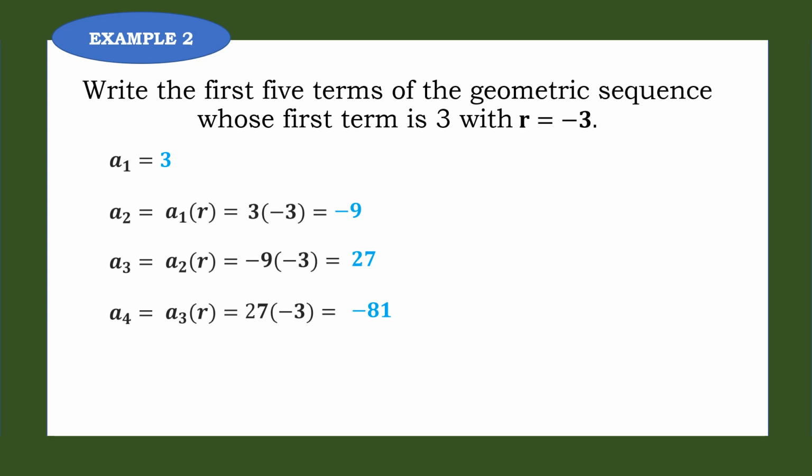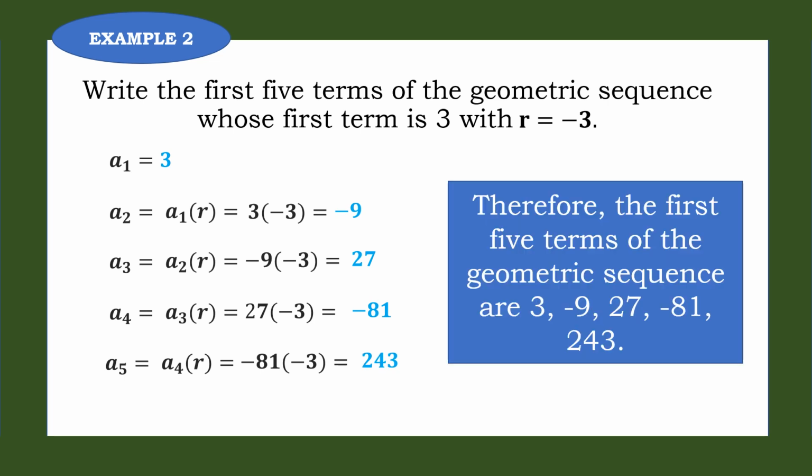To get the fifth term, we multiply the fourth term and the common ratio, and that gives us negative 81 times negative 3, which is equal to positive 243. So therefore, the first 5 terms of the geometric sequence are 3, negative 9, 27, negative 81, and 243.